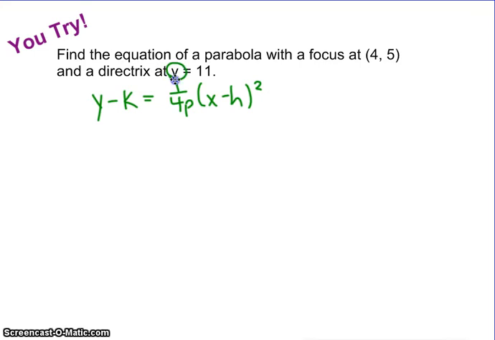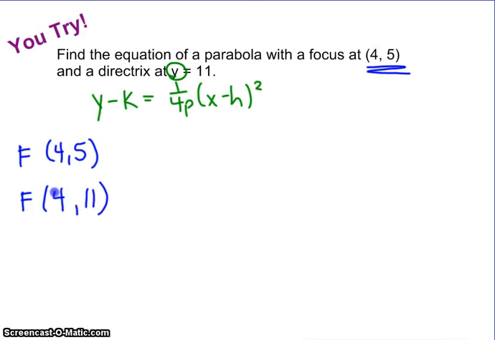If the directrix is y, it's going to be a vertical parabola, meaning we use the formula y minus k. So we need h and k. Remember, we need to find the vertex. The vertex is going to be the halfway point between the focus, which is given in the problem as 4, 5, and the directrix. Now the directrix only has a y value of 11. So what you're going to do is put the x value of the focus there.